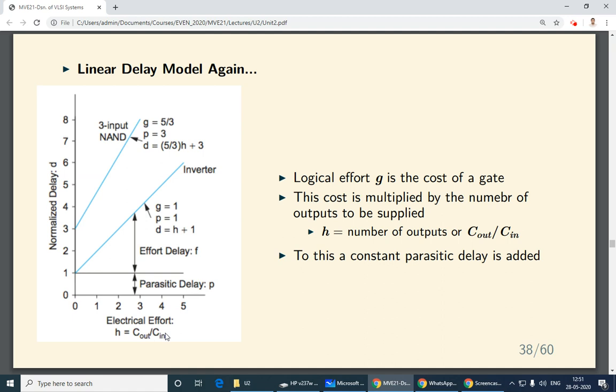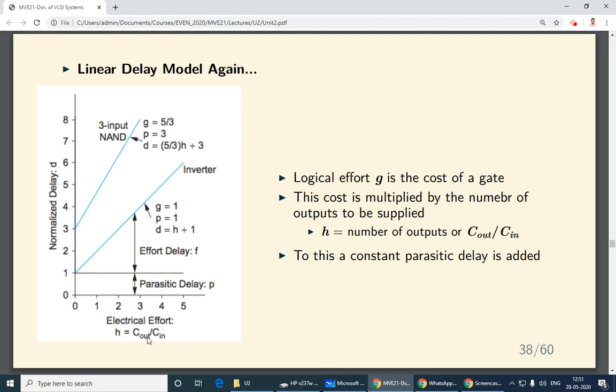That is, there will be some amount of capacitance connected to the output node. Add only the gate capacitances. The diffusion part is already added to the parasitic delay. Add all the gates that are connected to the output node, that is the C out term here. And the input capacitance of your gate, whatever it is, that is C in.